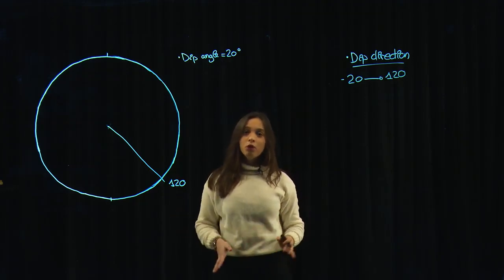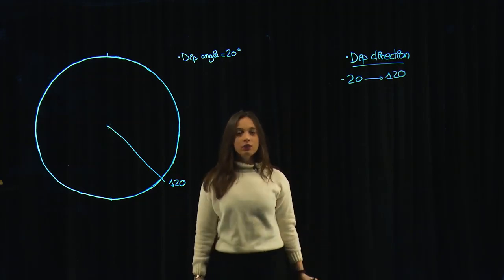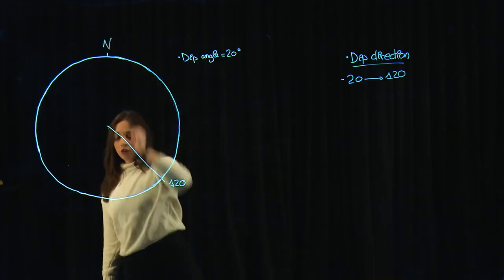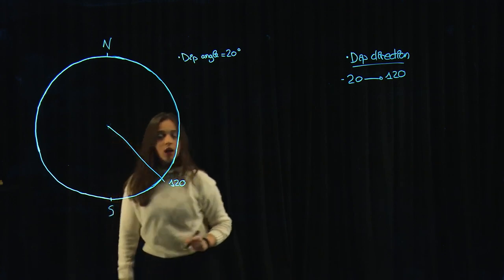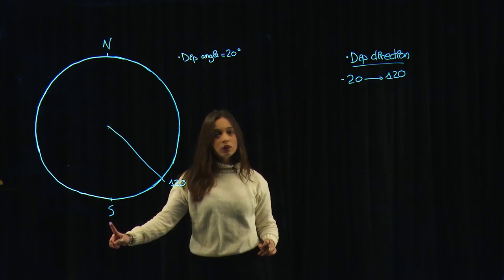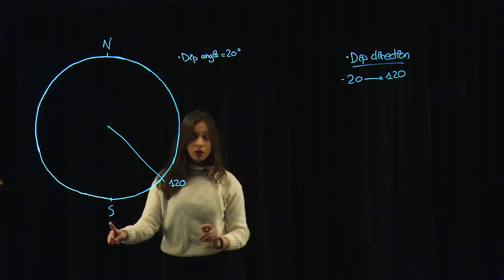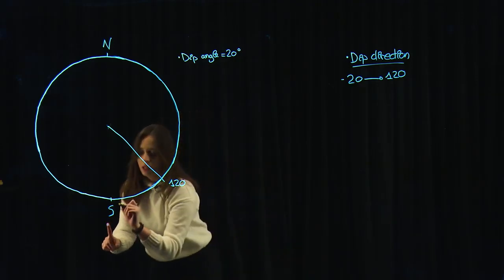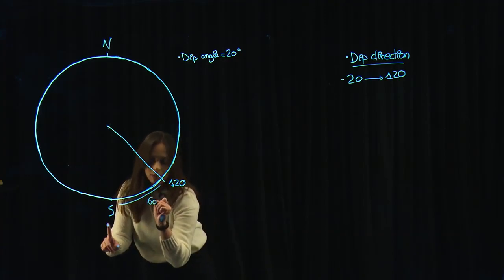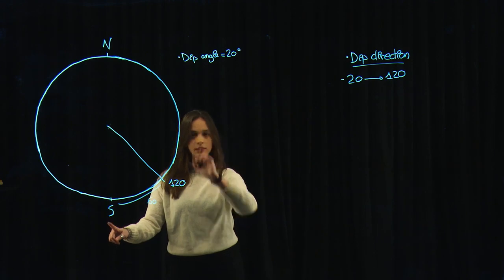But other people find another way more intuitive, and in this case it is using either the north or the south as reference. In our case, south is closer, so we will use this one. There's a distance of 60 degrees towards the east.